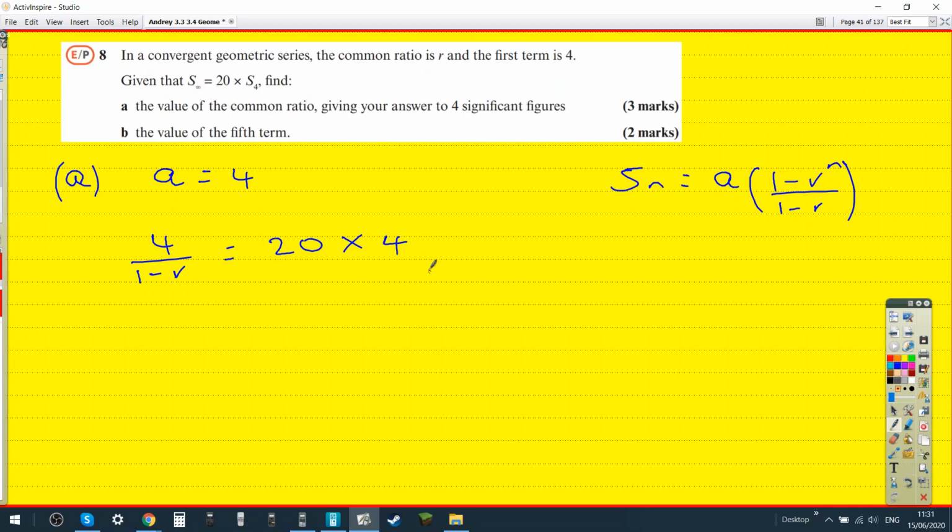Yeah. So what are we doing? 20 times 1 minus r to the 4 over 1 minus r. Problem is we've got two unknowns there, r and n. Would n be 4? n is 4. And can I then put that into my calculator? Yep.